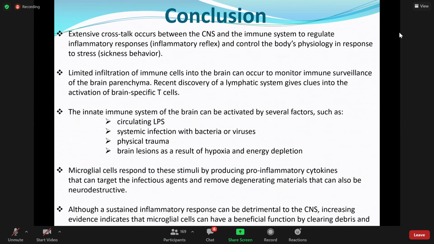These alter the physiological state of the body in response to stress or microbial or pathological insult, to display sickness behavior, as well as to regulate the immune response. The brain has a functioning innate immune system conducted by the activity of the microglial cells, which play an important role in maintaining homeostasis and neuroprotective functions in the brain parenchyma through phagocytosis and the production of cytokines.